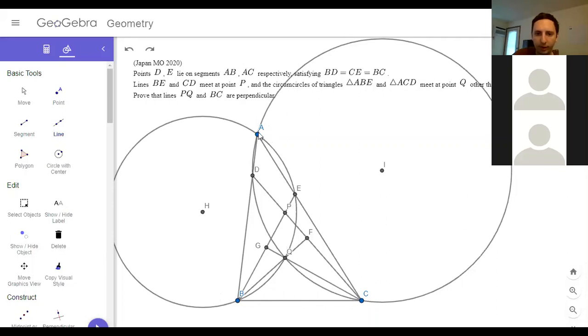Angle BQA. We can write that. See, angle ACB. Oh, I guess because angle ACB is the same as angle BEC, and then you can do an angle chase from there. Okay. So let me just think through this in my head.